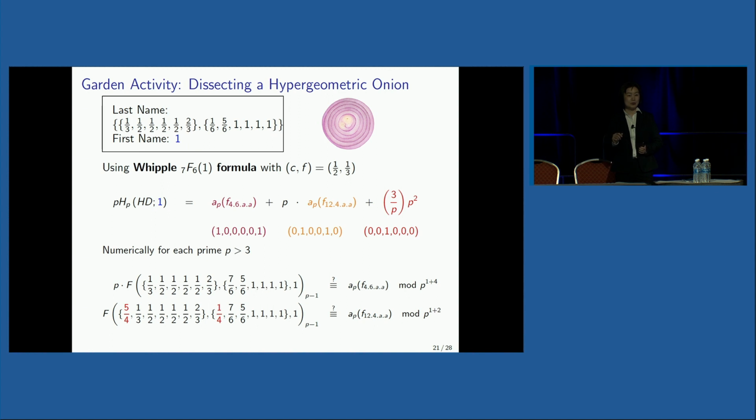So we go back to Whipple's original formula, 7F6, put back what I took away, which is 5, 4, and 1, 4. We look at the truncation this time. It matches with the weight 4 modular form, modulo P to the 1 plus the 2 holes in the middle. So that's what we are able to find, and to us it's very interesting that we can use the hypergeometric Whipple procedure to produce this. This is a very nice case matching their heuristic.